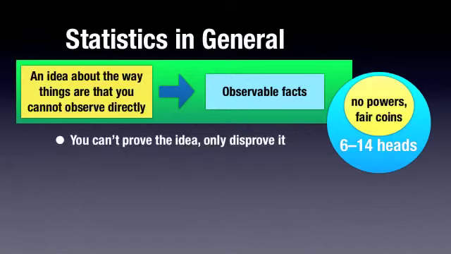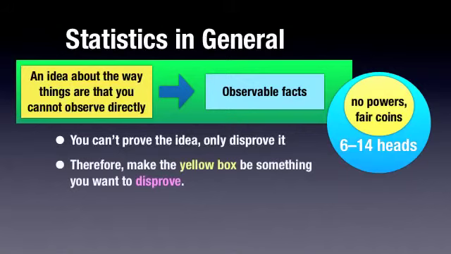So what we need to do, when we're doing an investigation in statistics, is make the thing in the yellow box something we want to disprove. We observe something interesting, so we want to put something uninteresting in the yellow box. It's not very interesting if the coins are fair, so that's what we put in the yellow box.